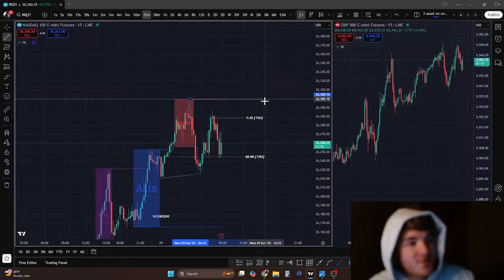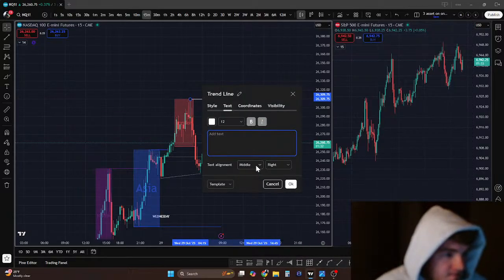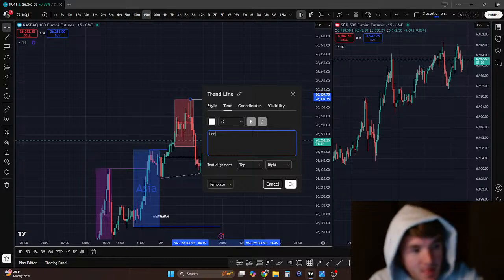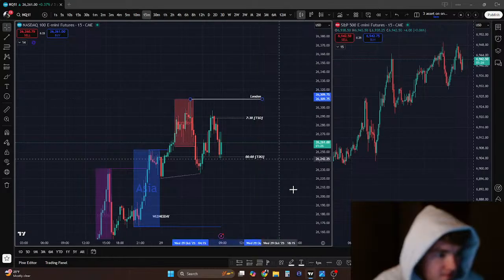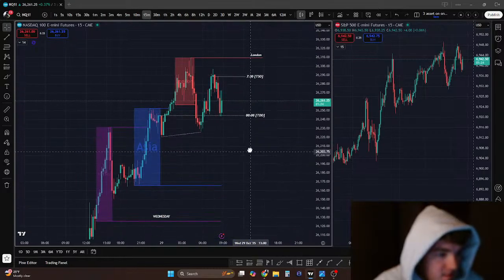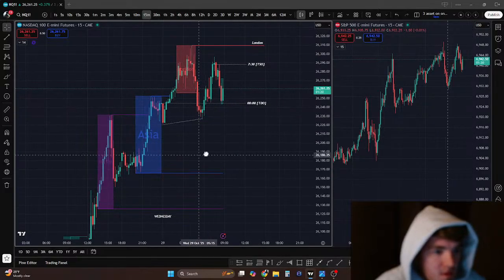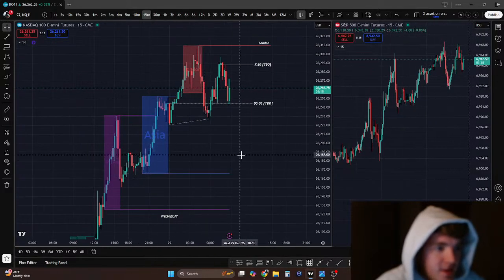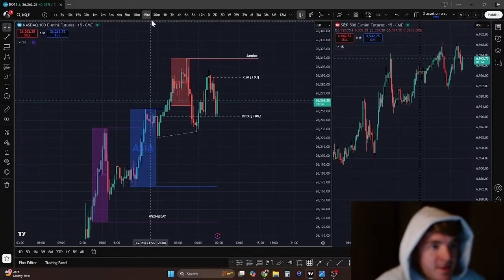I've been forgetting to look at session highs and lows. Then we do have Asia low down there, but there's kind of a gap there.